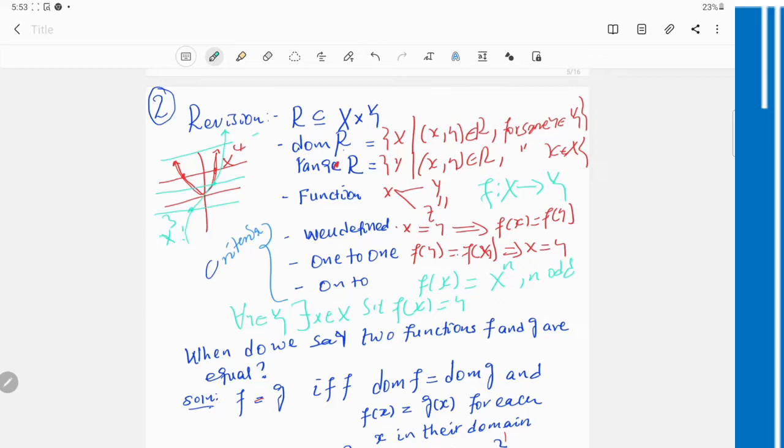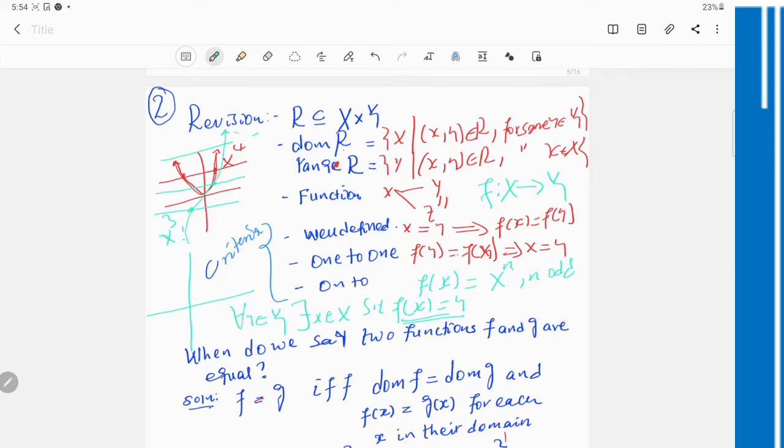That means every element in Y has a pre-image in X such that the condition is satisfied. If the function satisfies this condition, we say it's an onto function. We can also use geometry to check whether the given function is onto or not.